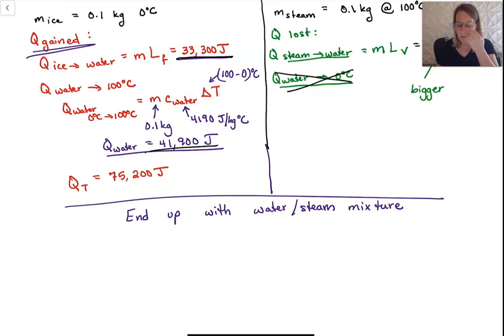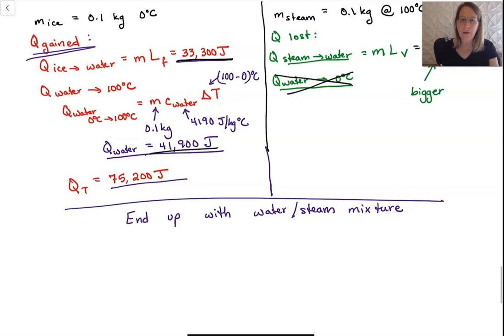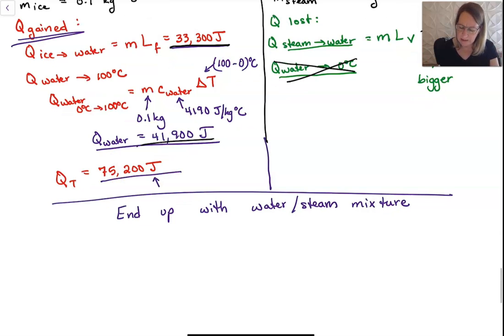Okay, and so what we can realize is that we can get this ice into water all the way up to 100 C. That's how much that'll take. At that point, it will be in thermal equilibrium with the steam. Okay, they'll both be at the same temperature. So when we get here, this takes us to a final temperature of 100 C.